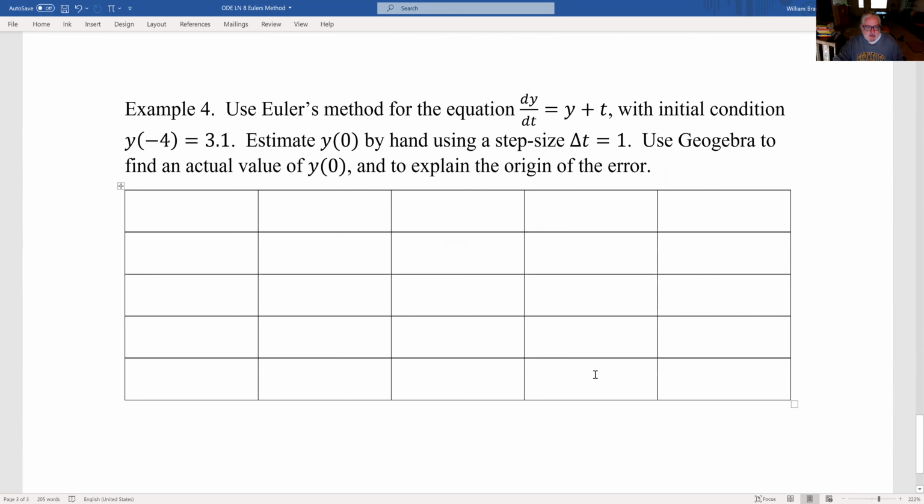We can do the same thing with this method for the equation dy/dt equals y plus t with the initial condition y(-4) equals 3.1. Let me just count these. So this is my old point, slope m equals y plus t, delta y, new point.